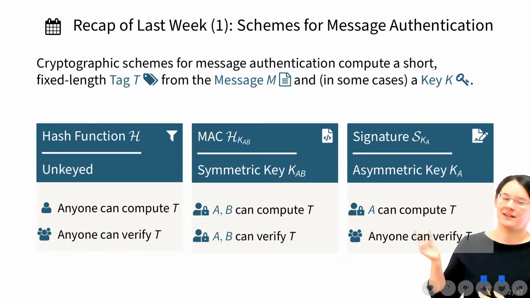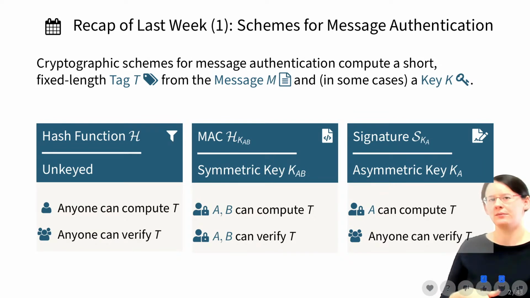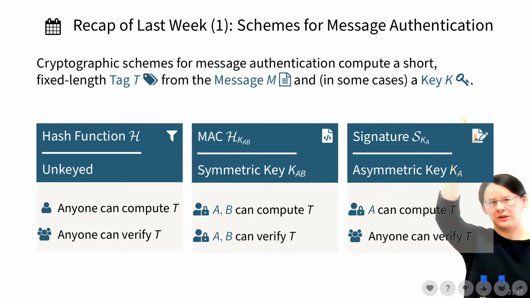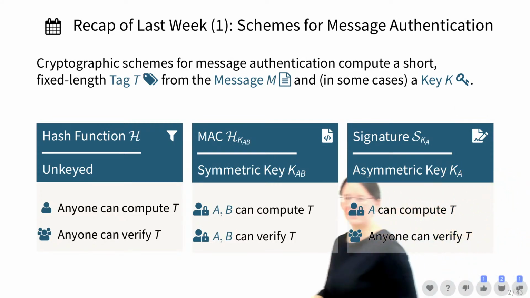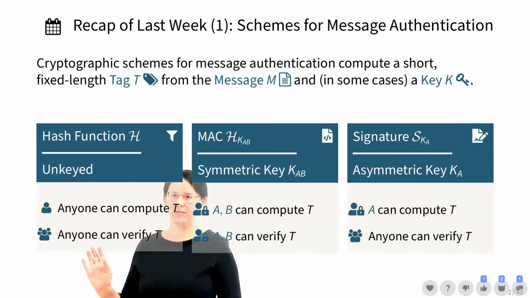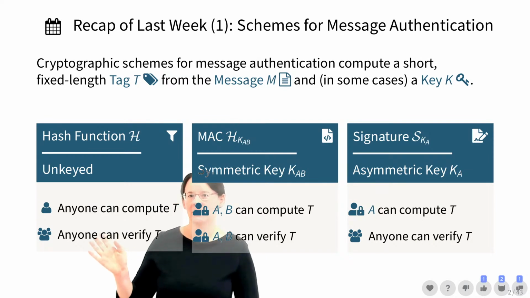And if the tag is unchanged, conversely, we know that the message is still correct. It was not manipulated. And in some cases, we also have some keys involved. So last week, we were mainly focusing on this first case here, so-called keyless or unkeyed authentication, which go by the more handy name of hash functions.